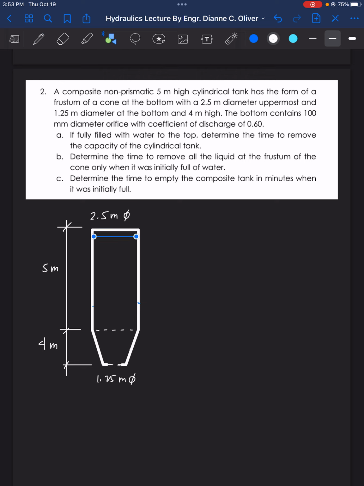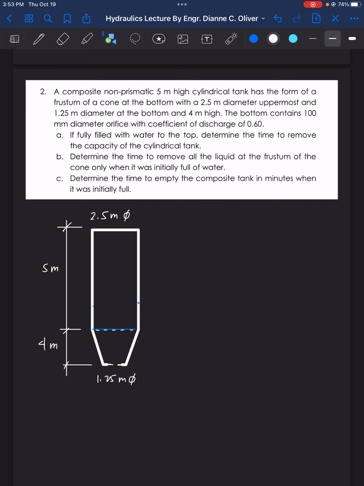So from here, we will remove up to this point. Okay. So from this point at the top, the water will flow out of this cylindrical container up to this point.